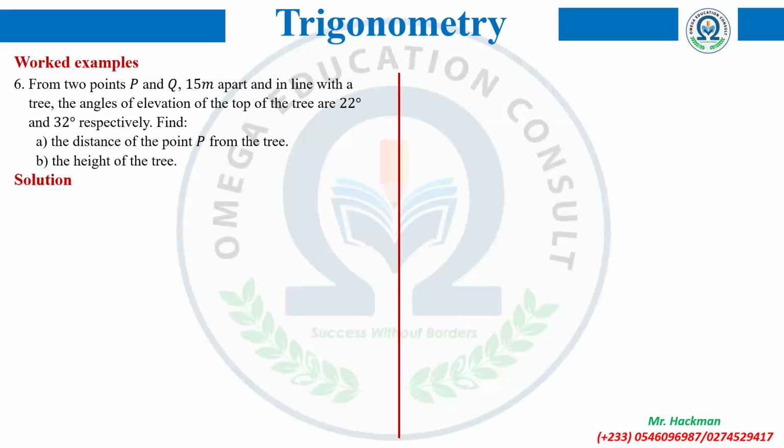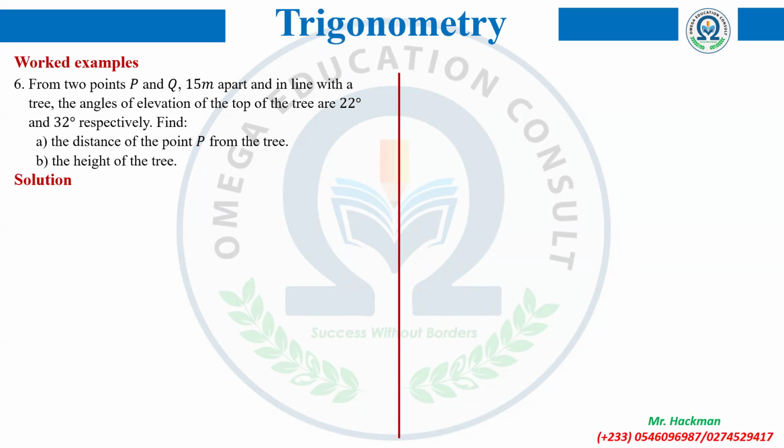So we are told 2 points, P and Q, 15 meters apart. So if nothing at all, we know the distance between P and Q. All correct? And these 2 points are in line with the tree.